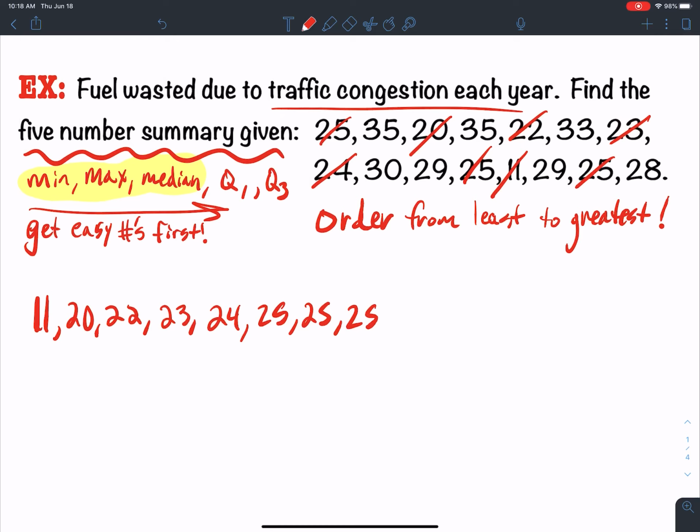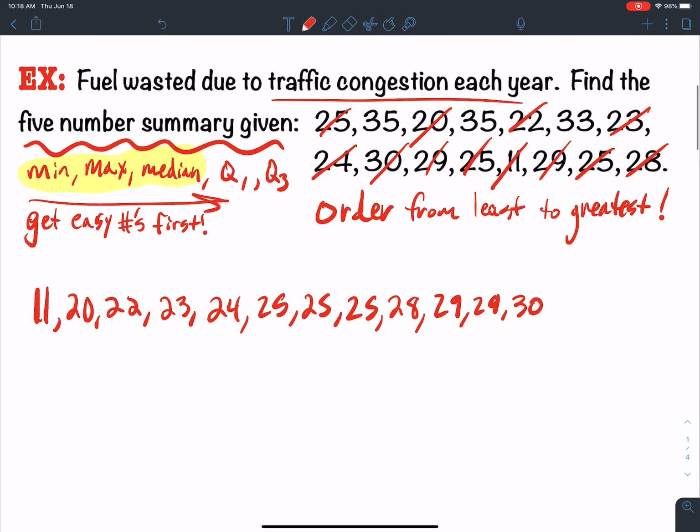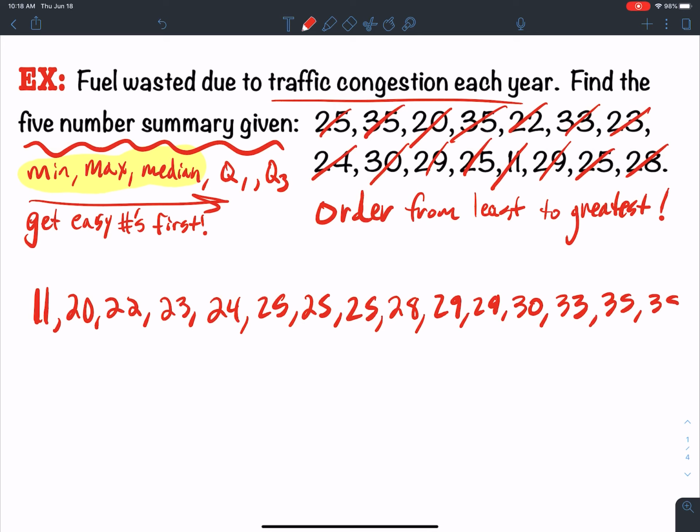Okay, see why it's important to mark through them so you know that you got them all. So 28, 29, another 29, a 30, 33, 35, and then last 35. So it looks like we got them all now. So those are my numbers.